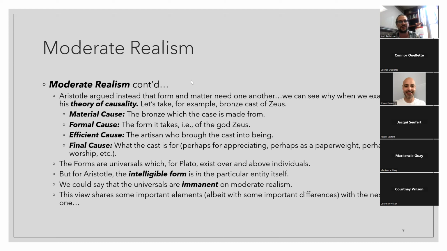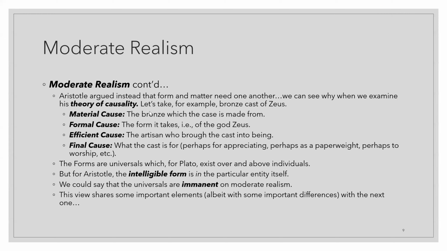Aristotle's theory of causality says that to explain the essence of a thing, you actually need four causes. You have to explain these four causes. So let's take one example, which I believe comes from the Stanford Encyclopedia of Philosophy's article on Aristotle, on hylomorphism, I think.